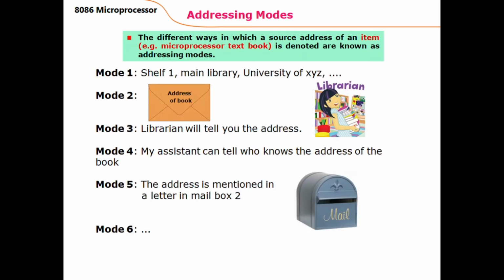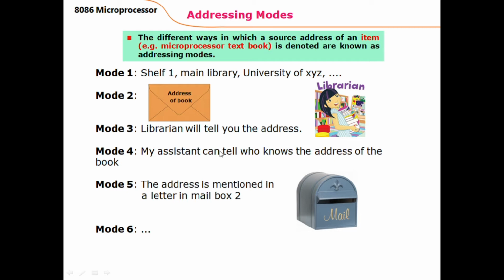To better understand different addressing modes in assembly language instructions, we give a simple analogy. For example, if we need to find out where the microprocessor textbook is, then in this example, the different ways in which the address of an item, for example the microprocessor textbook, is denoted are known as the addressing modes.